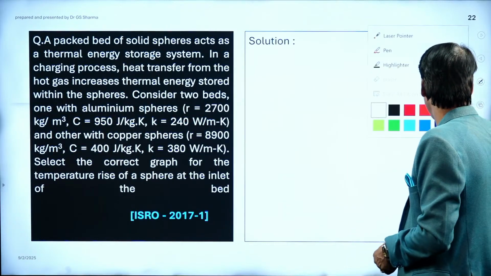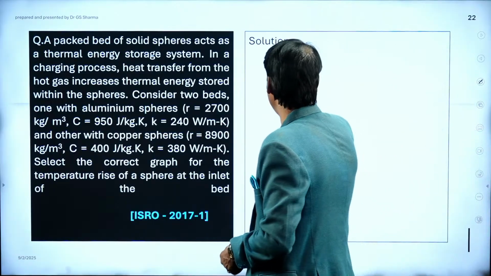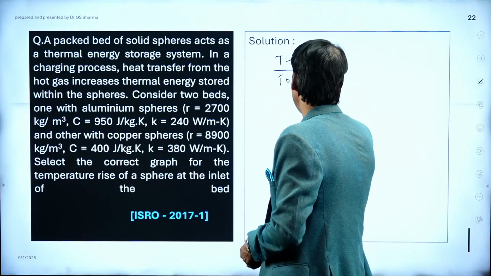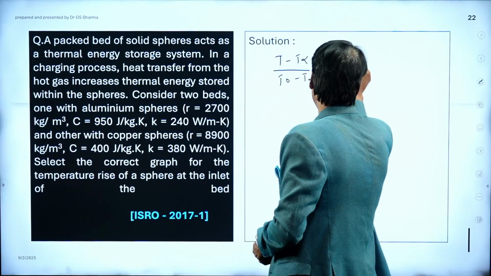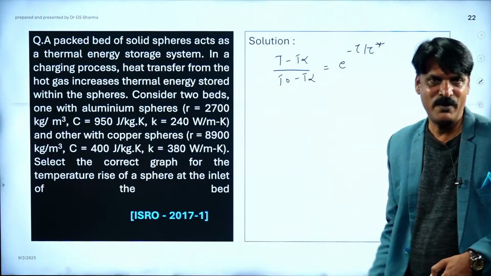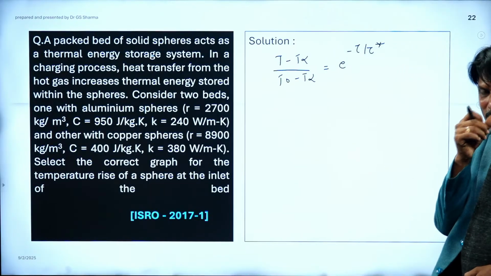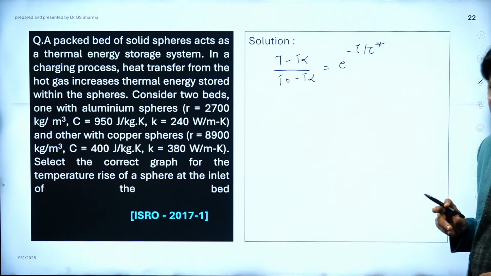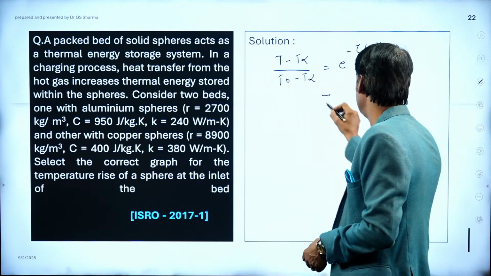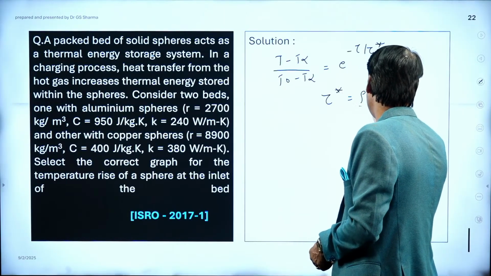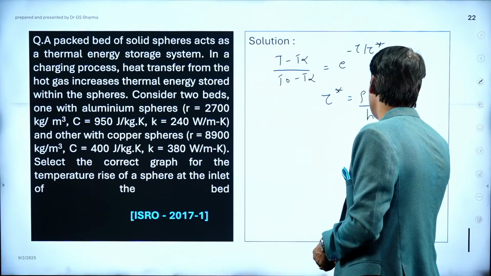See, whenever you are trying to write the same temperatures, T minus T infinity by T naught minus T infinity is e to the power of minus tau by tau star. If you observe it, time is the same, but it depends on the tau star value. Tau star is given by rho V Cp divided by h into As.